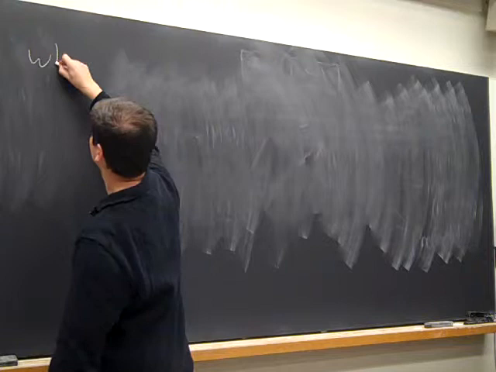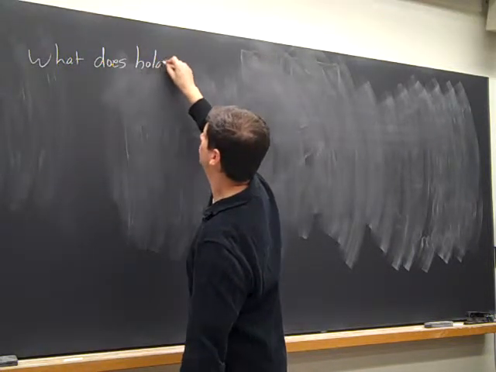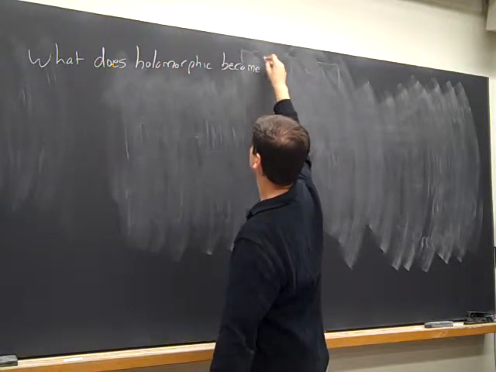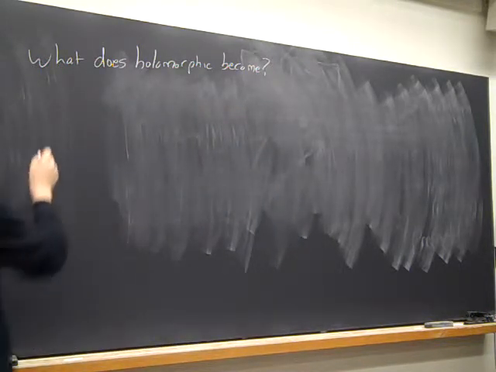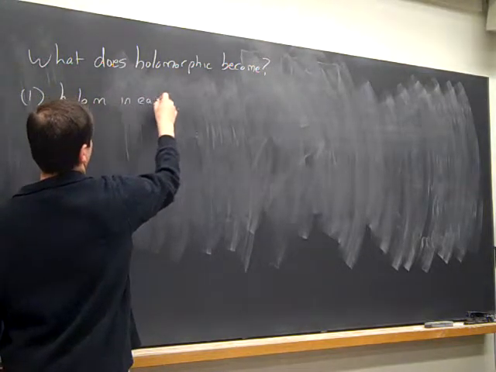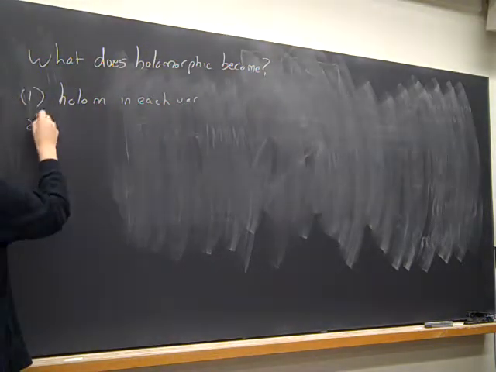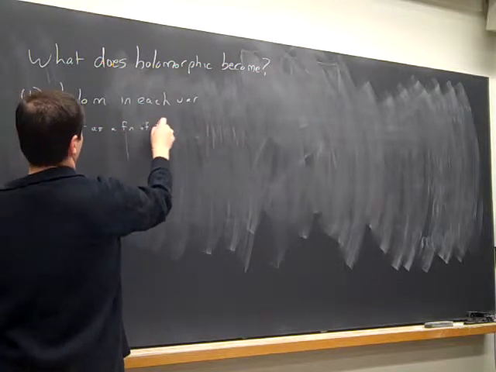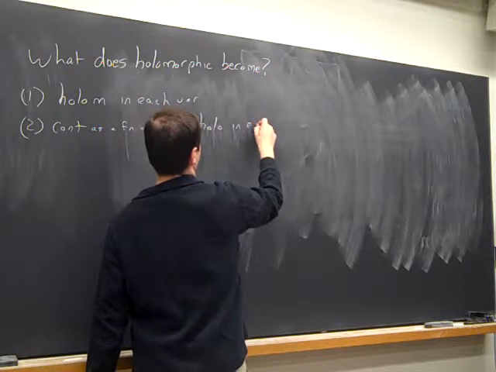So what does holomorphic become? I'm going to give you 3 statements. 1, holomorphic in each variable. 2, continuous as a function of n variables, holomorphic in each.